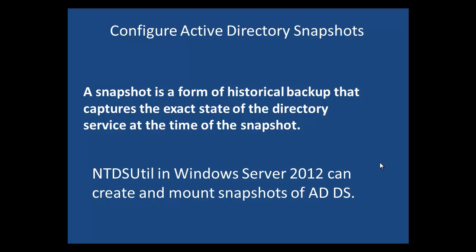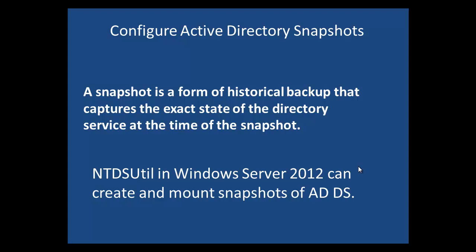Hello everyone. In this session, we want to take a look at creating a snapshot of Active Directory Domain Services in Windows Server 2012 R2 by using the ntdsutil command line.